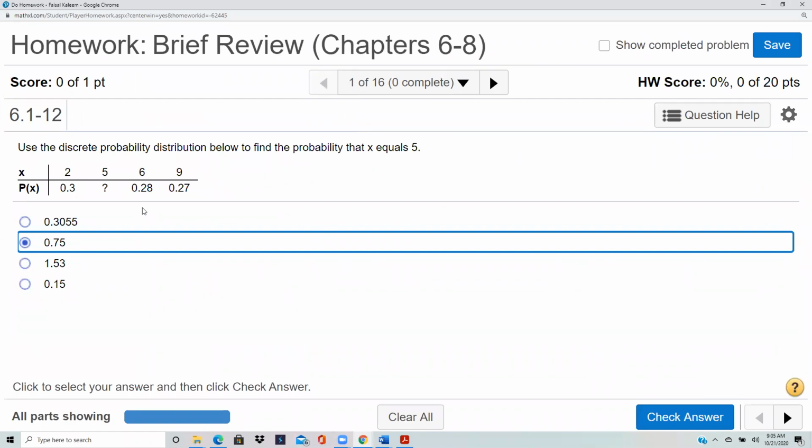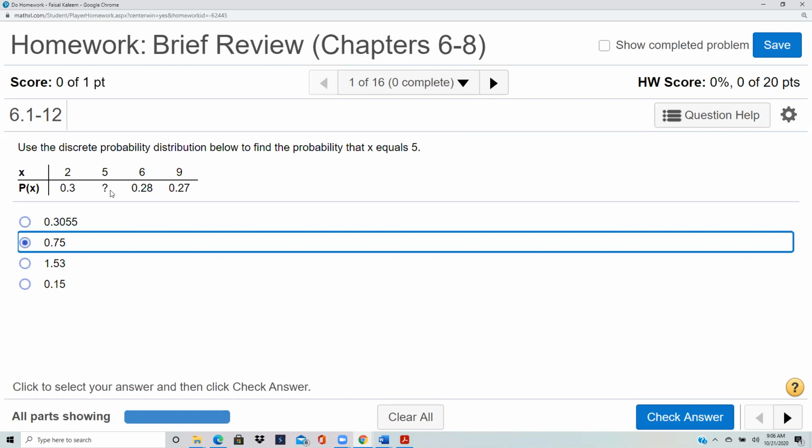So what will we do here? We have this missing probability. What do we know about the probabilities? They have to add up to what? To 1, right?